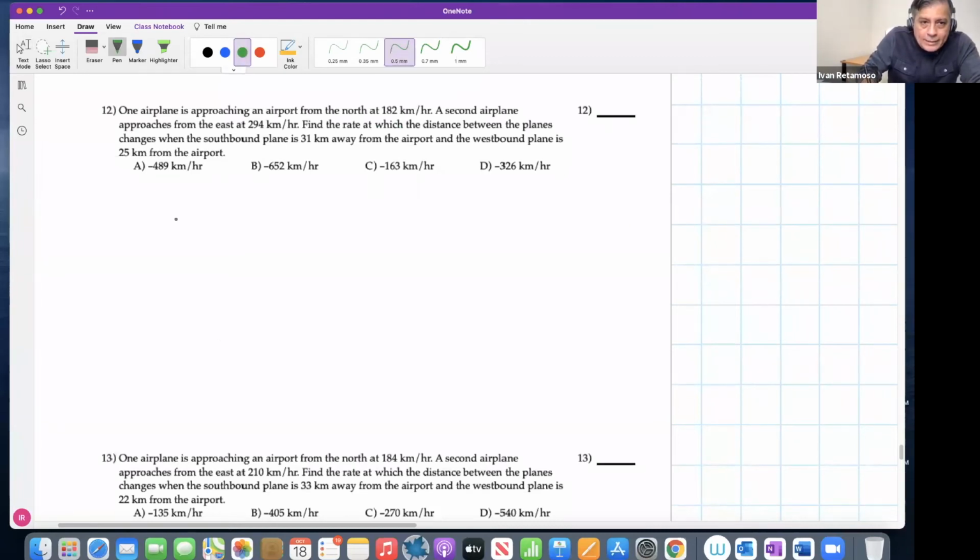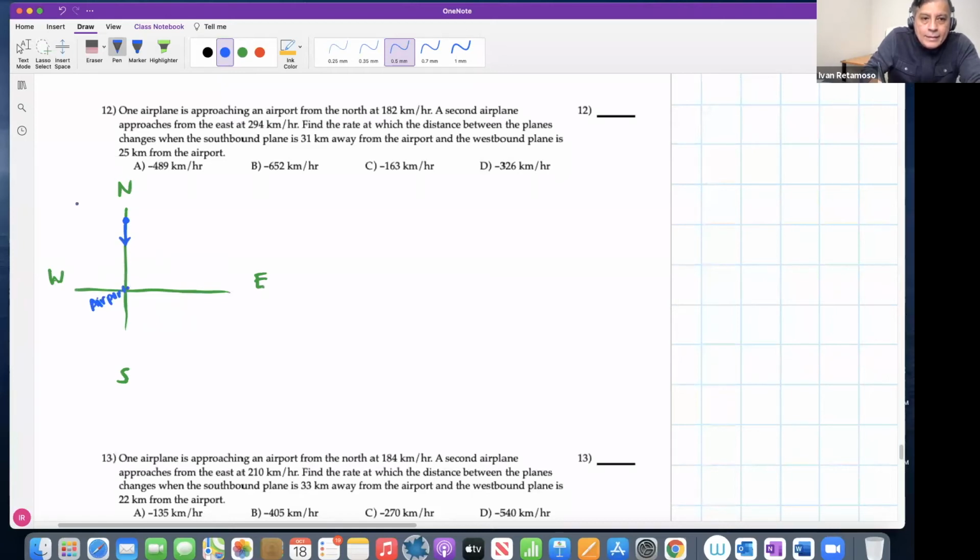First, let's draw a diagram, right? Let's say this represents the north, south, east, west. They talk about 2 airplanes. One of them is coming from the north, at this speed. Let's say here is the airport.